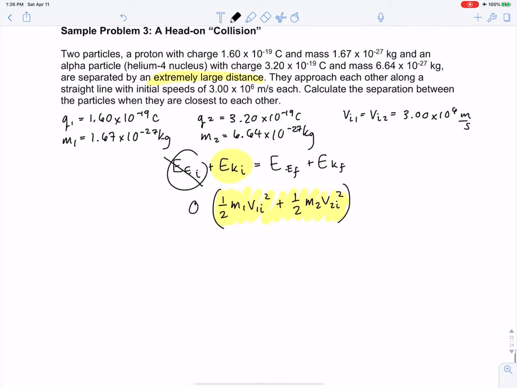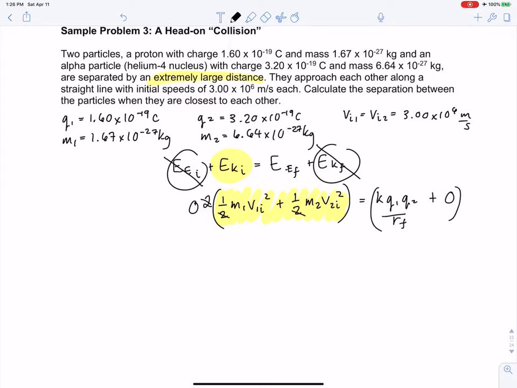And this will be equal to, in this situation, when they are as close together as possible, they will have no speed. So it will be equal to k q1 q2 over the final distance plus 0. I'm going to multiply both sides by 2 to simplify this. If we multiply this by 2, these will cancel out.